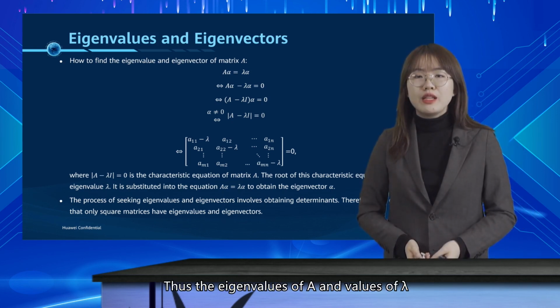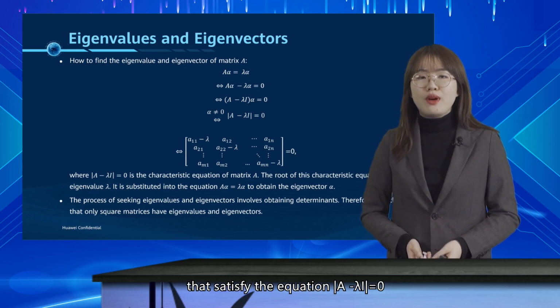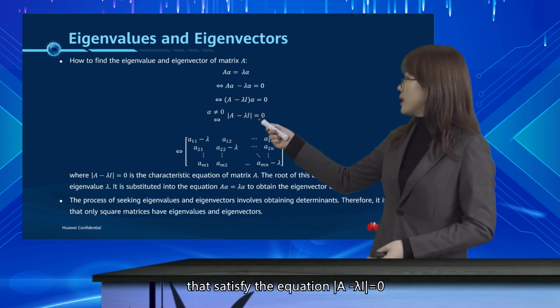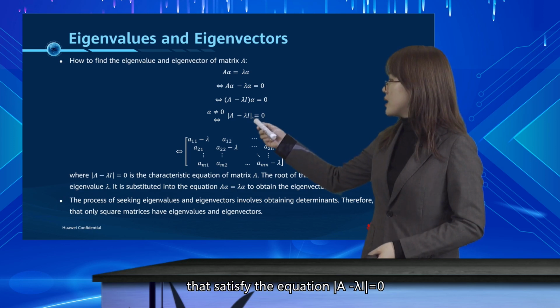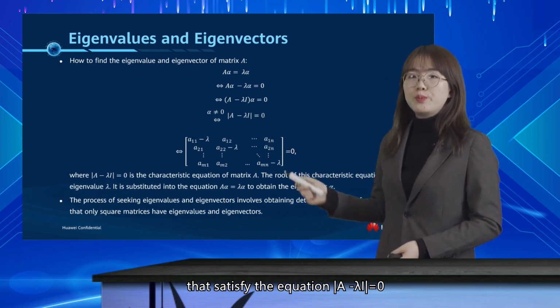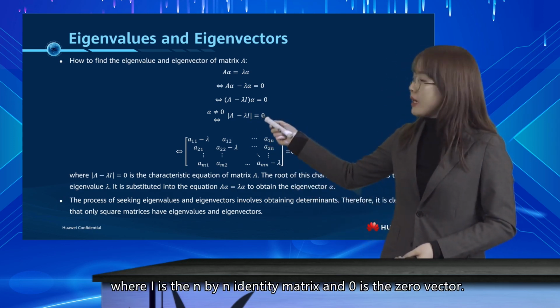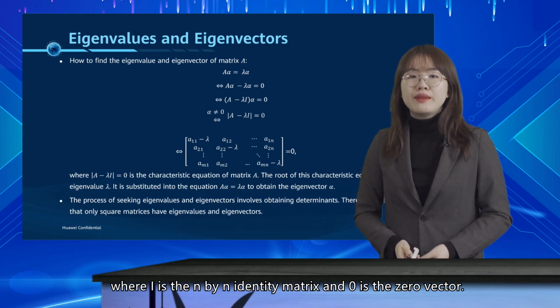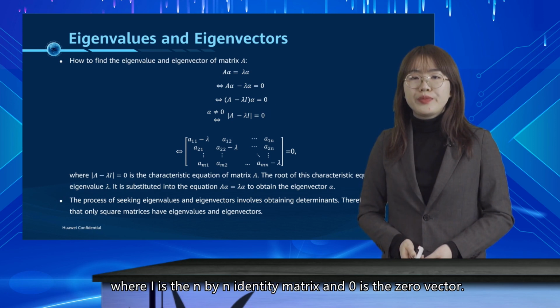Thus, the eigenvalues of A are the values of lambda that satisfy the equation determinant of A minus lambda I equals 0, where I is the n by n identity matrix and 0 is the zero vector.